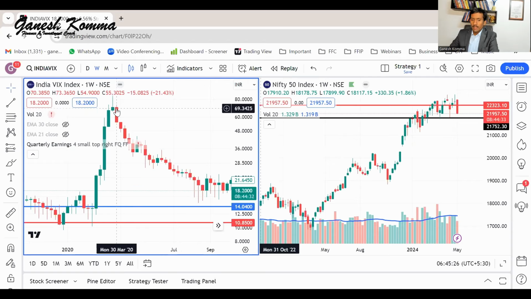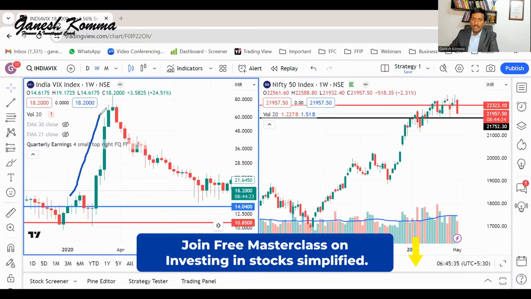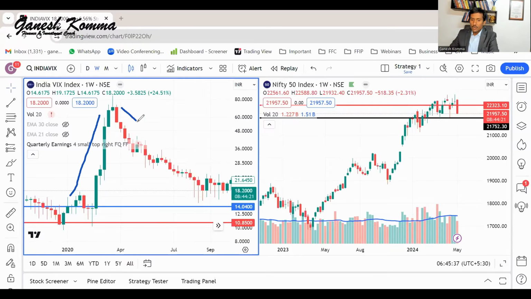And from 30th March to 7th April, we have seen a decline in India VIX. So this is the zone where we saw an increase in VIX, and this is the zone where we saw a decrease in VIX.